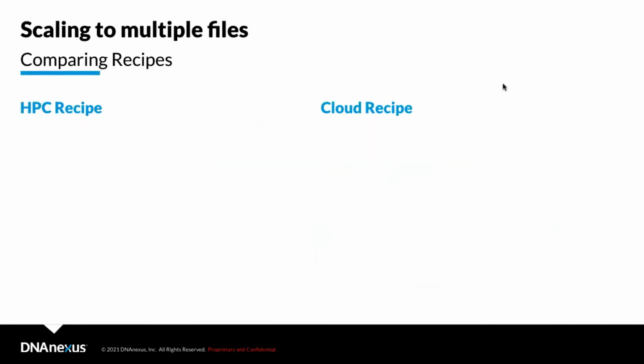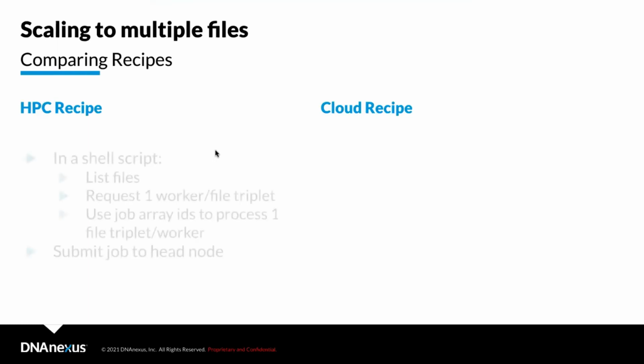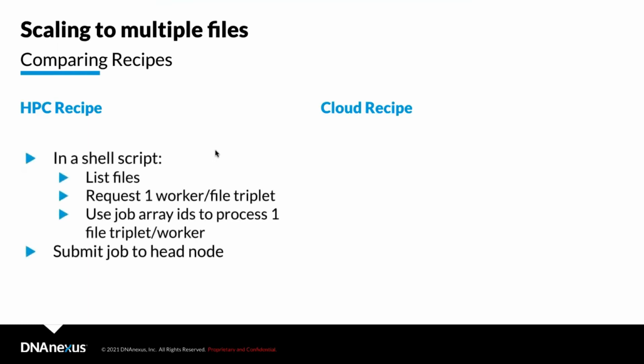So before that, we're just really trying to map our previous knowledge. Let's talk about how we would do batch processing on HPC and compare it to how we do it on the cloud. On HPC, our main mechanism for processing multiple files is the idea of a job array ID.